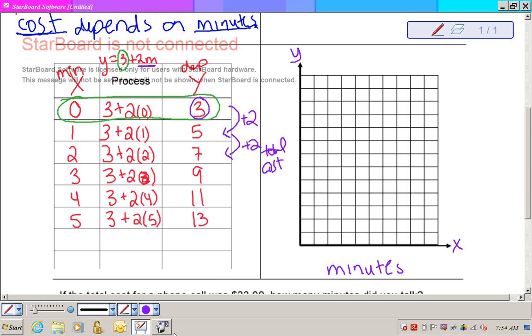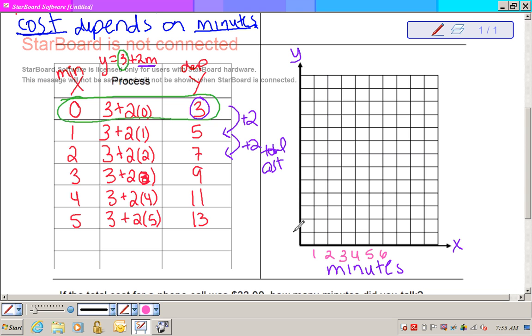Now we need to label this graph. When you're labeling it, pay attention to what scale you're using. For the x-axis, I went by 1s, so I start here at 0, then 1, 2, 3, 4, 5, 6, and so on.